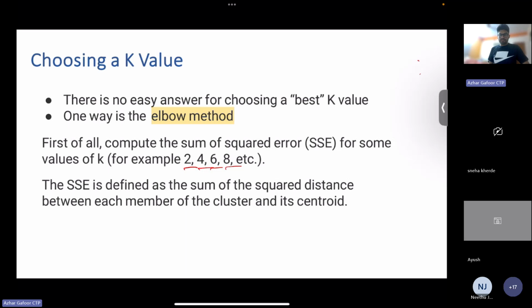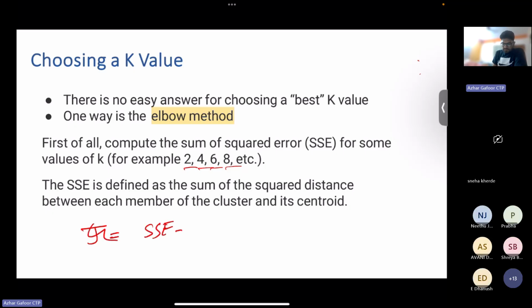So to write it mathematically, SSE is equal to the sum over i equal to 1 to k, where k is the number of clusters, then x belongs to that cluster i, and then we have the norm of x minus mu i, whole squared. So for each x in cluster i, the centroid is mu i.